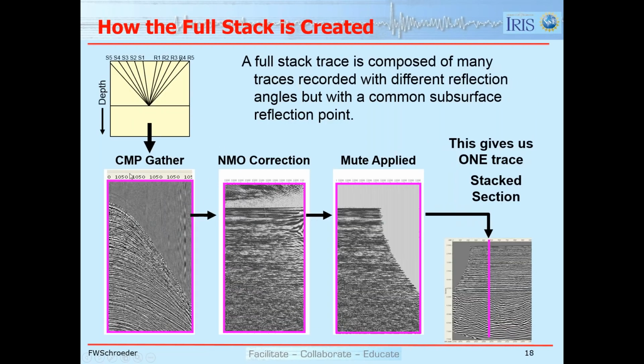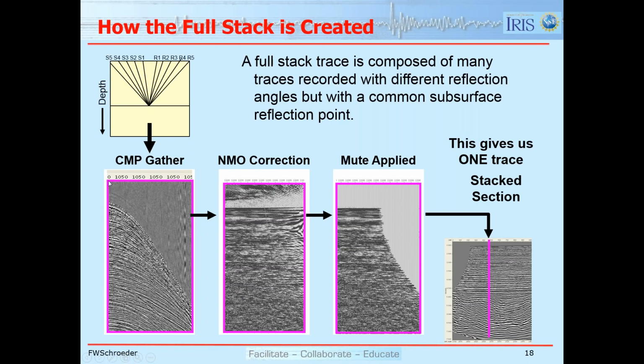So here we have a common midpoint gather. We can see the hyperbola of the reflections. They're steeper here where the velocity is slower. They are less steep here where the velocities are generally higher. The diagram at the top, we're showing the shots into different receivers.